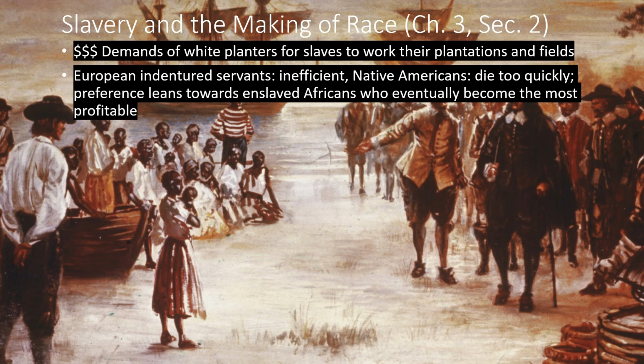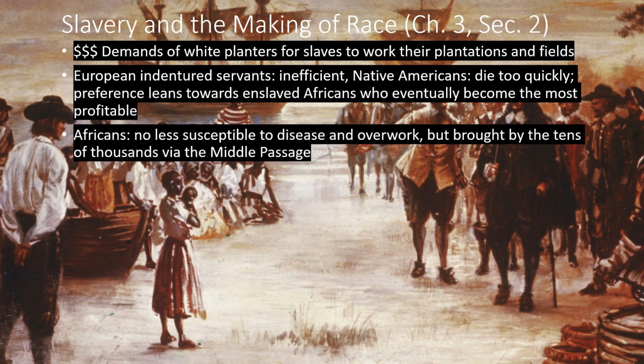But the problem is that, on the one hand, they view European indentured servants as inefficient. They're complaining that Native Americans are dying too quickly, and so the only option left at this point is their preference towards enslaved Africans, who eventually become their most profitable labor source.